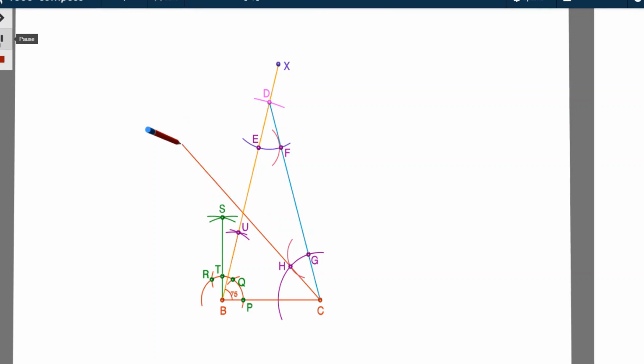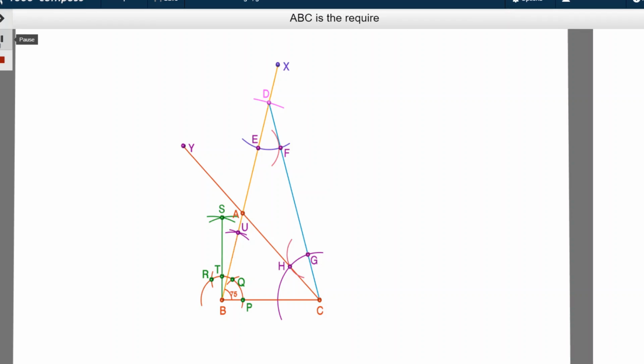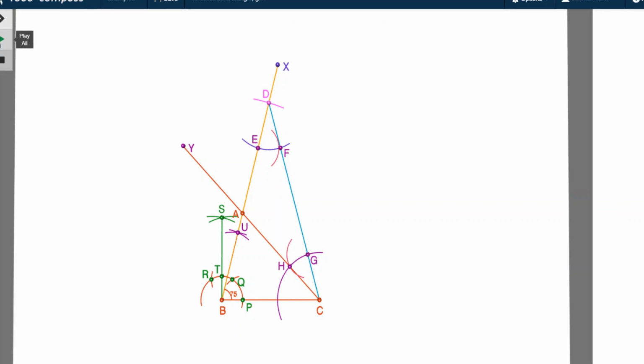Suppose that point which you have extended CH, that point is Y. Now see, this line CY intersects line BD at some point. That point is A. So we have got one vertex A of the triangle ABC. So ABC is the required triangle.